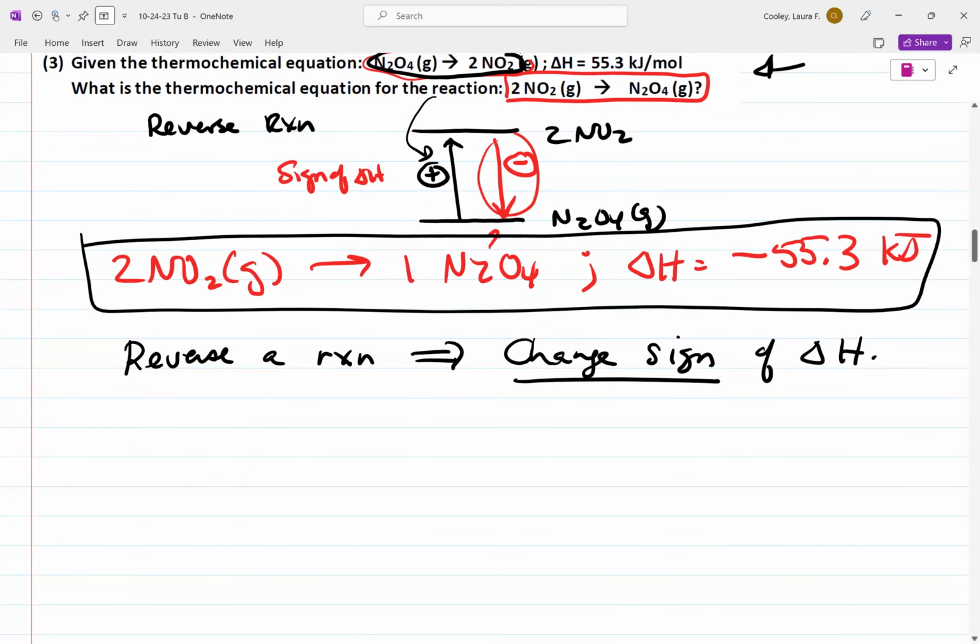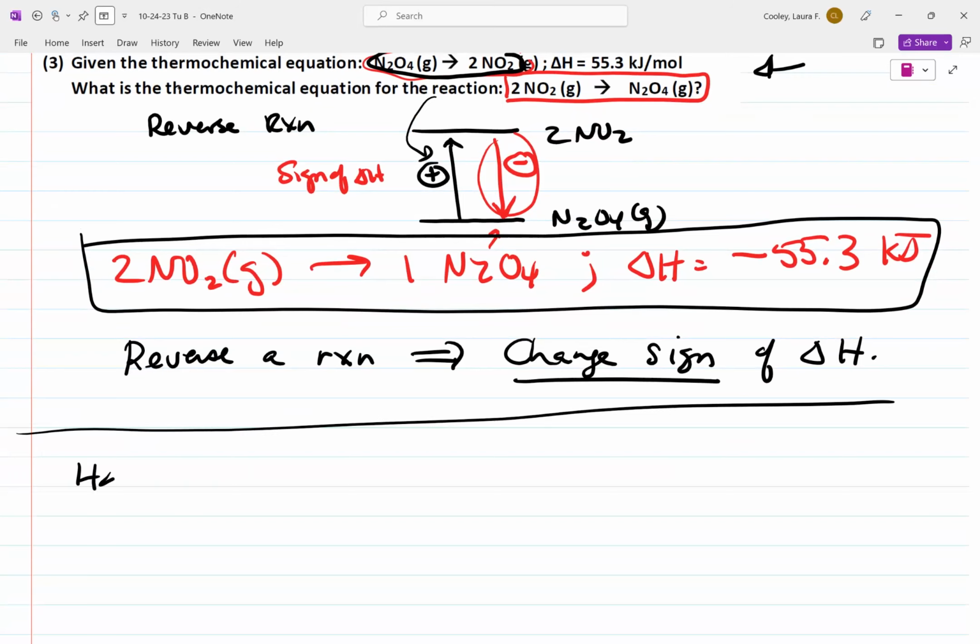Okay. All right. So the next thing I'd like to talk about is how can you tell in the lab by observation whether a reaction absorbs or releases heat?